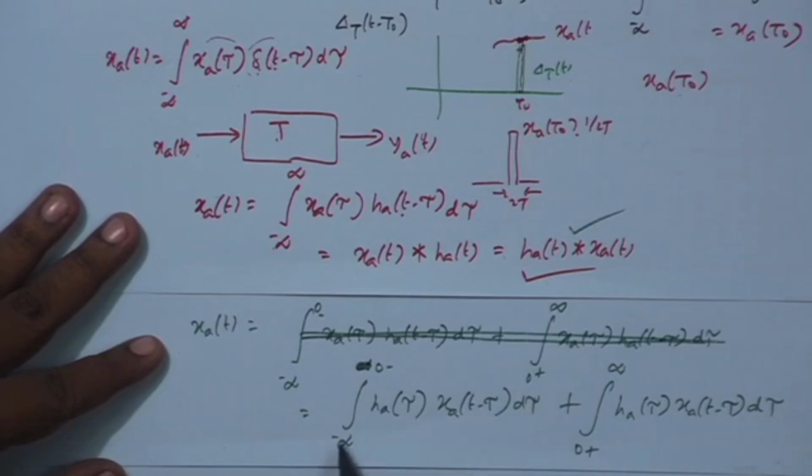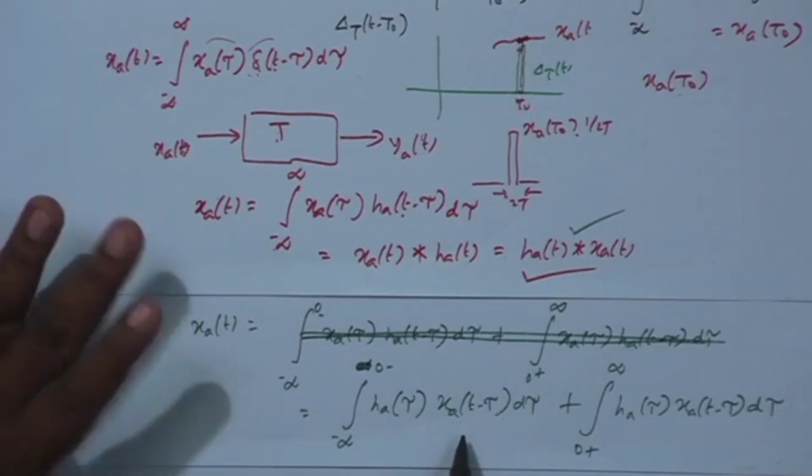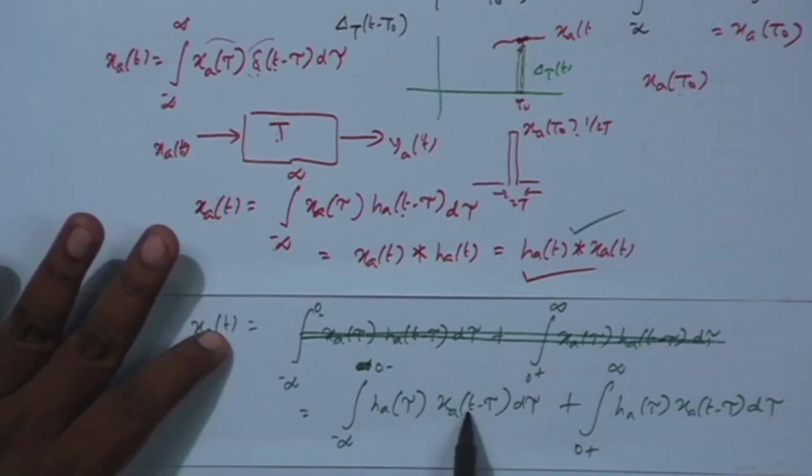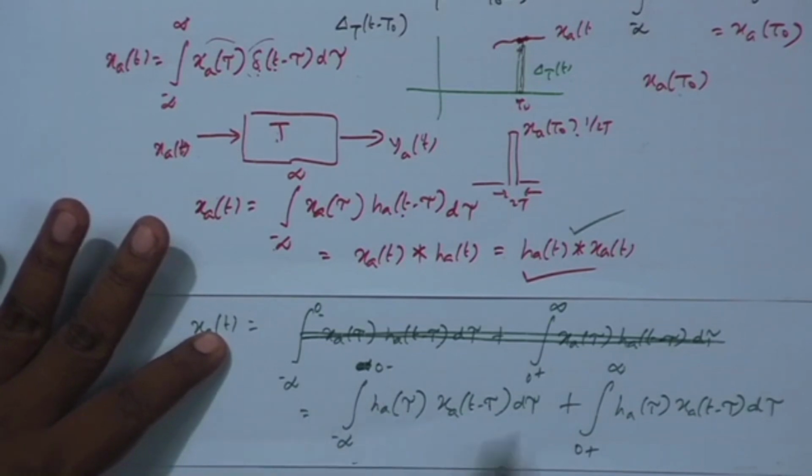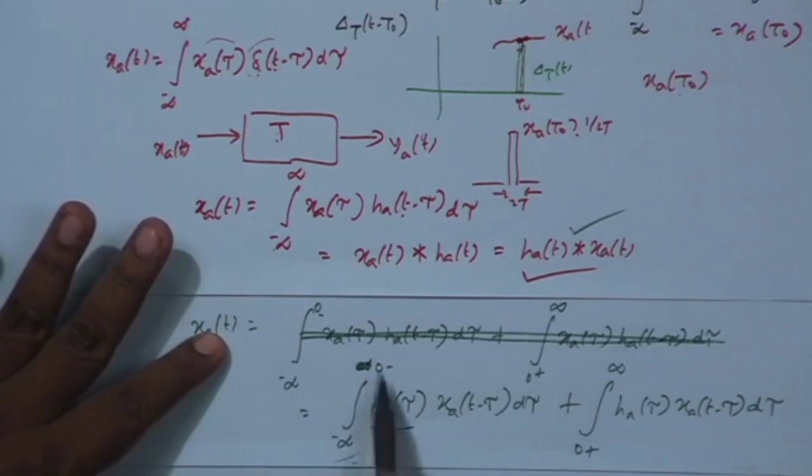Here tau is taking negative values from minus infinity to 0 minus, which means t minus tau is t plus some quantity, because tau is negative. So, minus minus plus, which means standing at time t, I am looking for future input, that is x_a(t plus something), because tau is negative in this integral. That makes it non-causal. In order to maintain causality, this should be 0 over this interval.